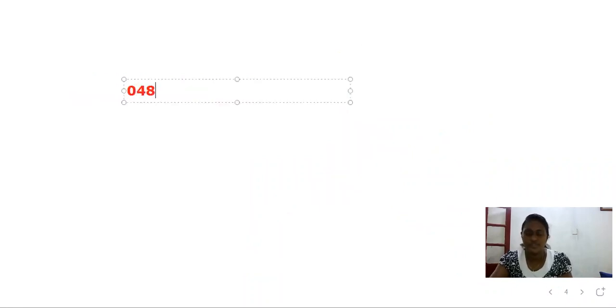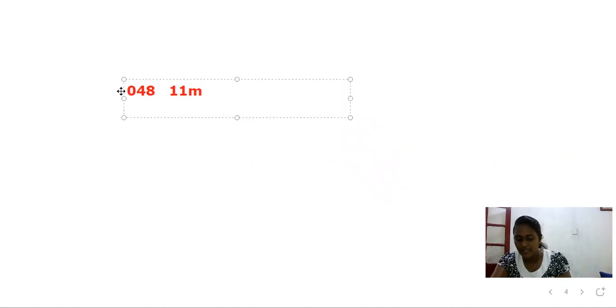So the nursery is 48 degrees. The distance is 11 meters. You have to arrange a table. Then the location of the gate with respect to the school office. Right? Who can tell me what the bearing is? Those who got the answer, how much is the bearing of the school gate with respect to the school office? 228. 220.